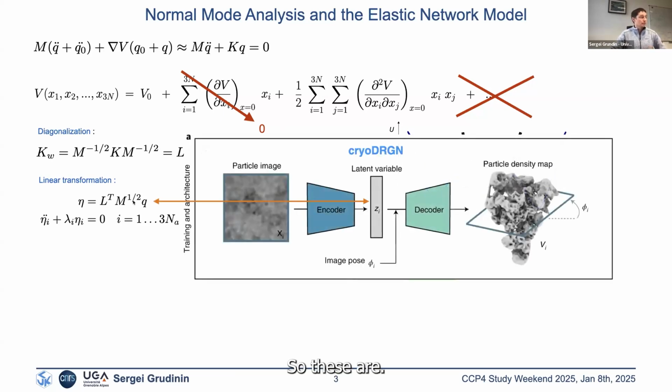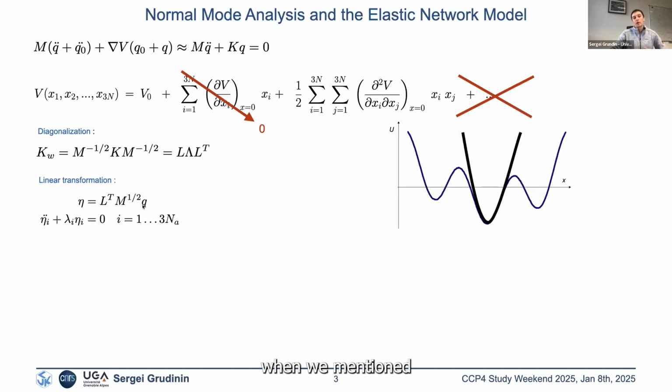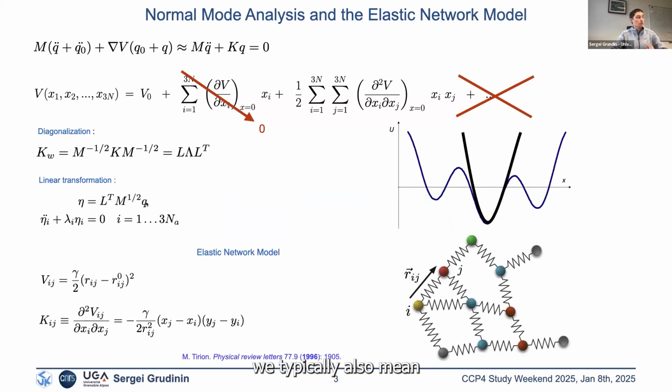This diagonalization is rather similar to the latent variable space learned by supervised learning approaches. But in the case of normal mode analysis, the latent space is obtained using unsupervised learning. Very often when we mention normal mode analysis, we typically also mean the elastic network model.